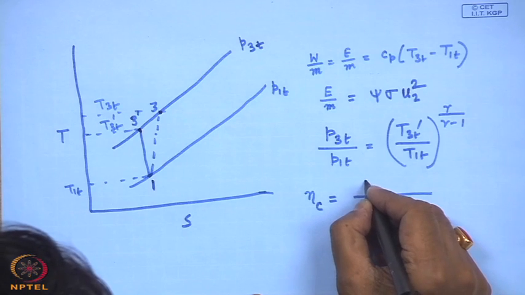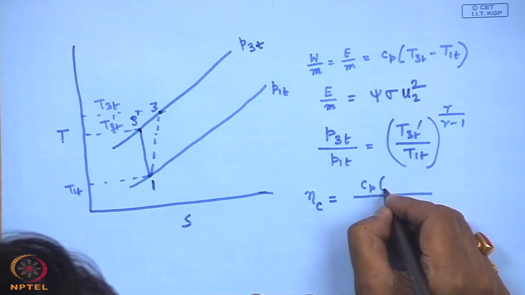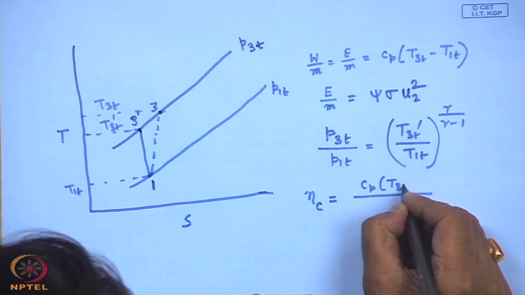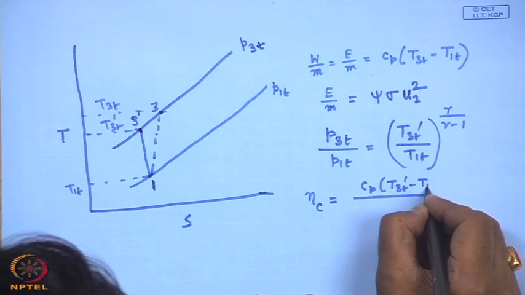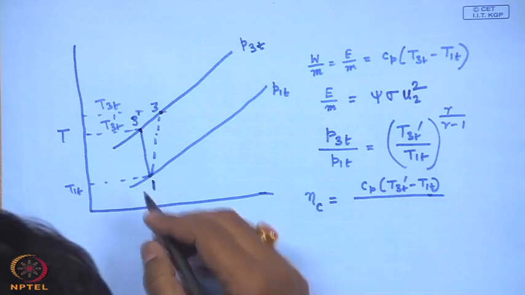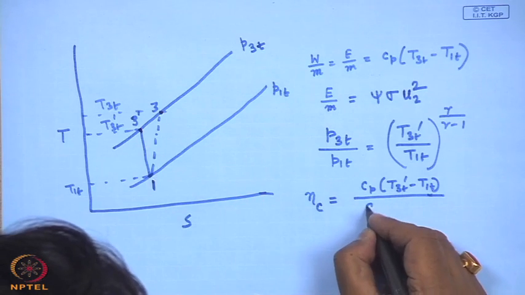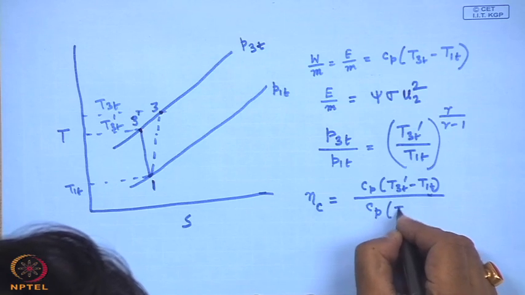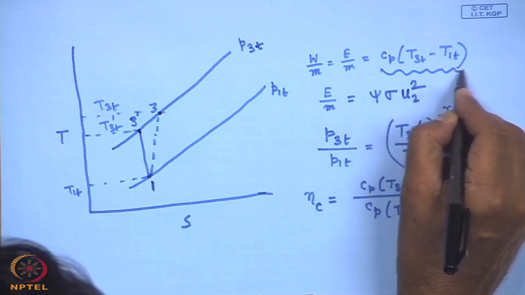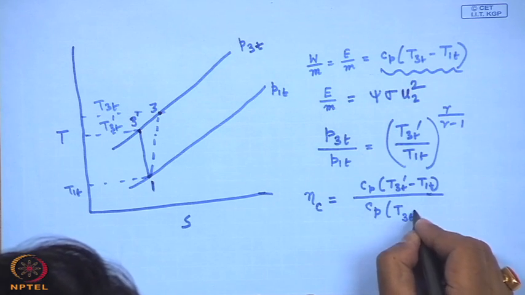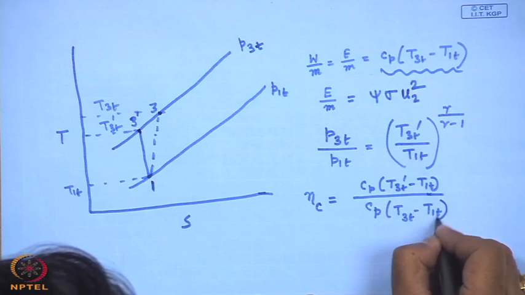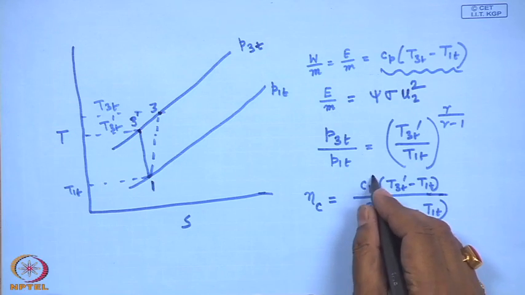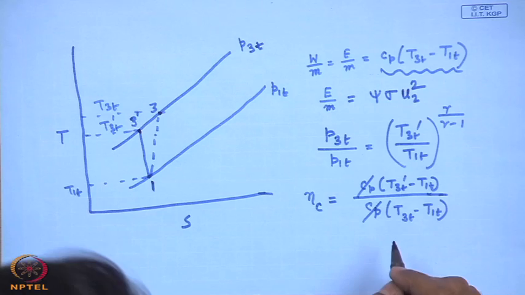The ideal work from the steady flow energy equation is found from the isentropic case, and similarly the actual work input is found by the steady flow energy equation. Since air is an ideal gas with constant Cp, Cp cancels out, and this becomes eta C.